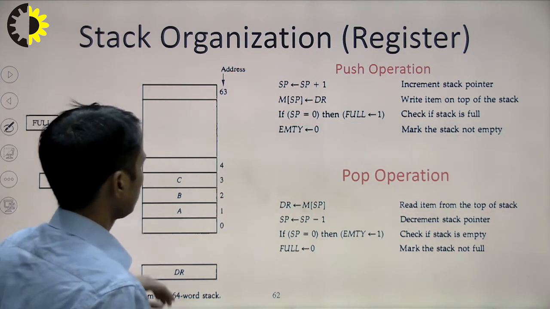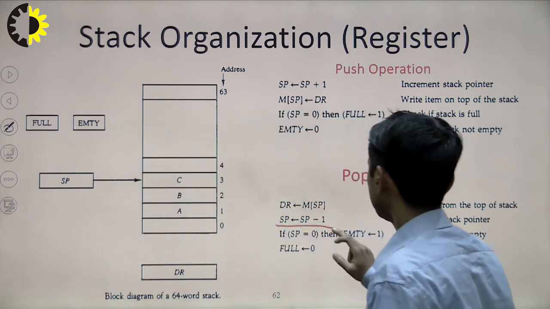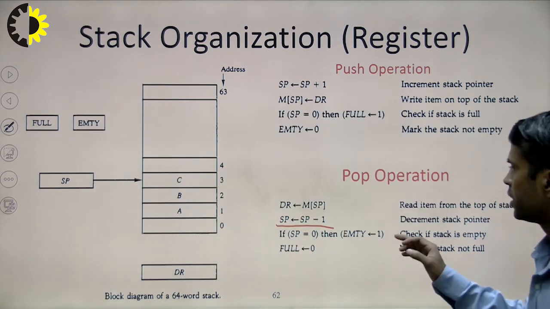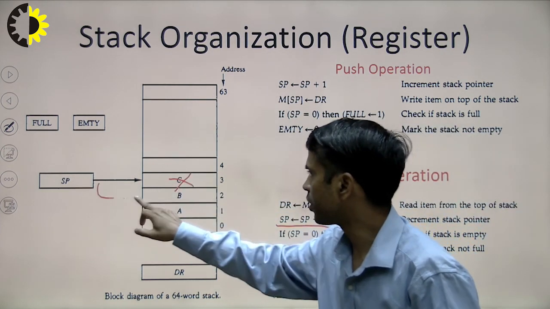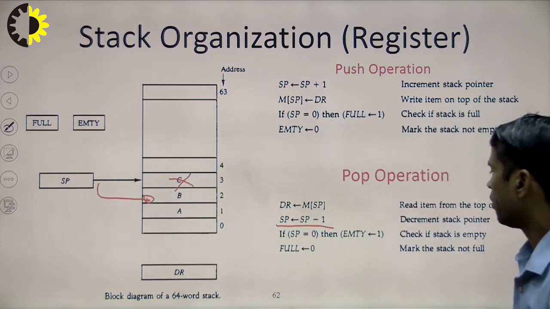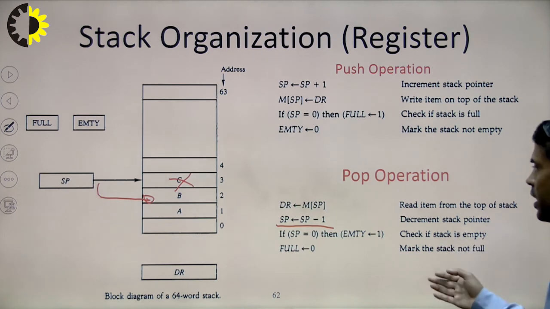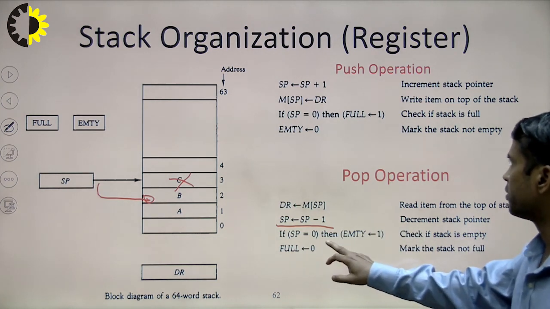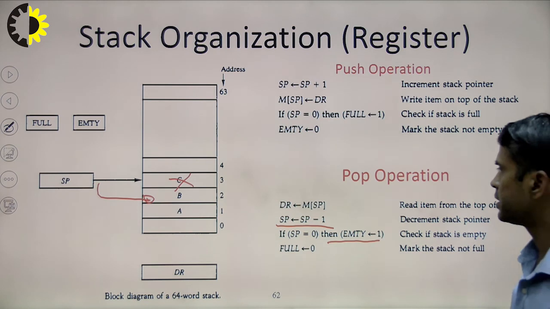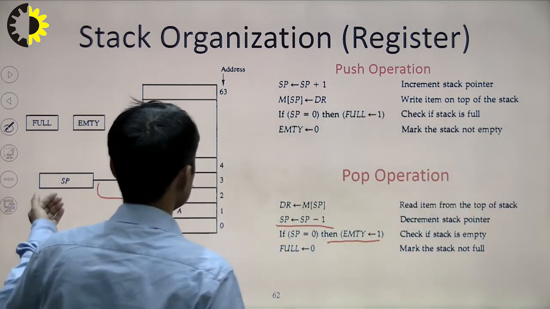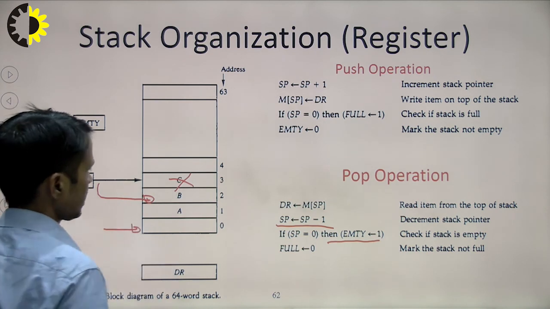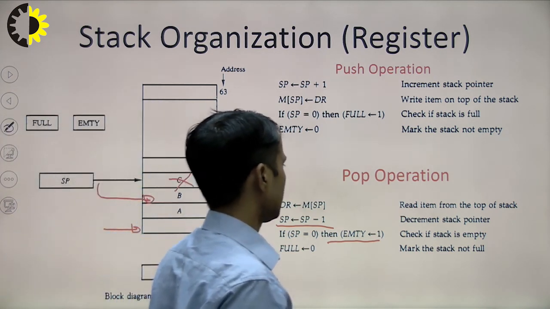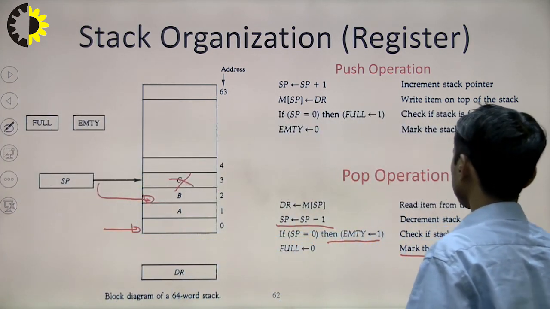Then we reduce the stack pointer address by one level. So it is removed, and this will now point to this location. Then again we check if SP is 0, then we put empty equals 1, which means we have reached this location and the stack is empty, otherwise mark the stack as not full.